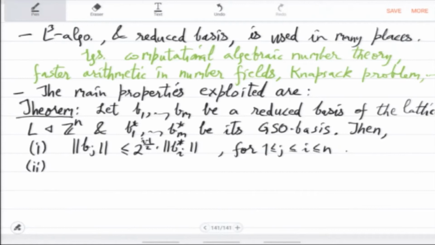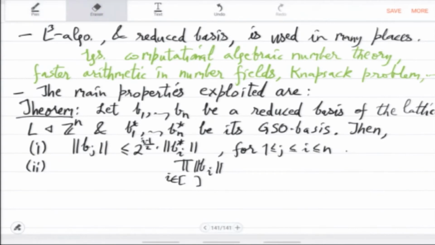Second is if you look at the product of the B_i's lengths. I think for this n would be simpler, B1 to Bn, B1 star to Bn star.